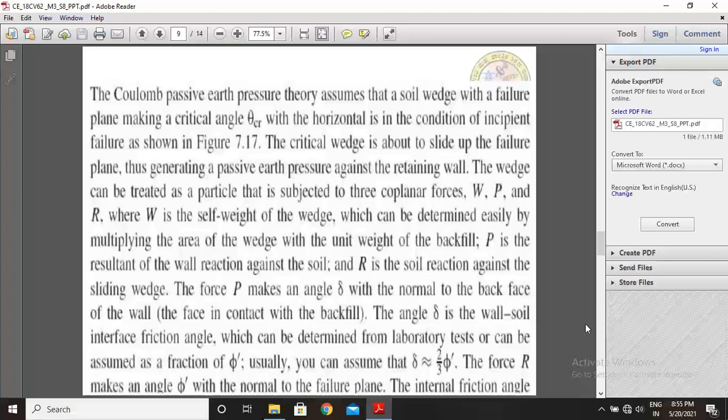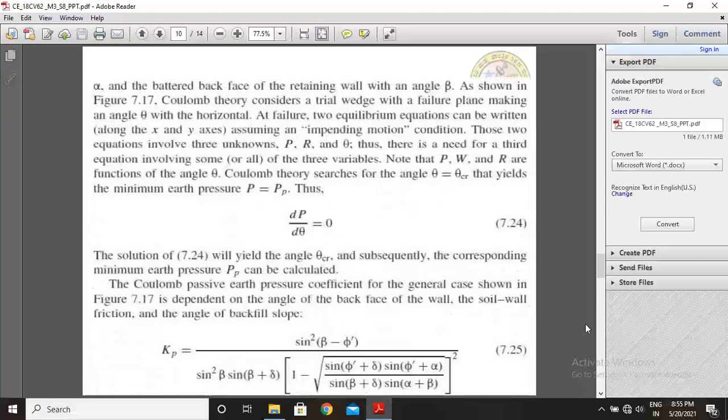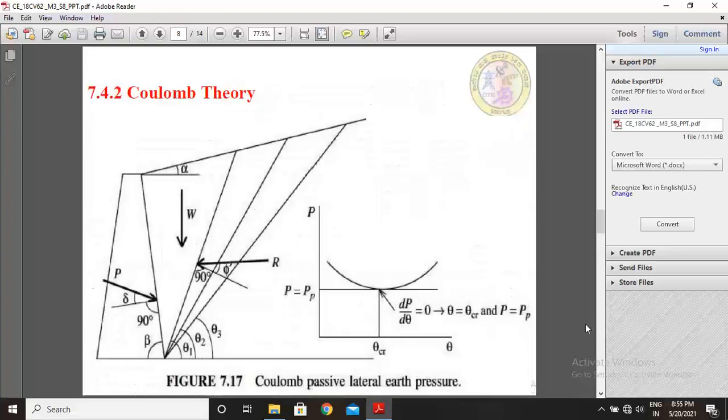The force R makes an angle phi with the normal to the failure plane. The battered back face of the retaining wall makes an angle beta. As shown in figure 7.17, Coulomb theory considers a trial wedge with a failure plane making an angle theta with the horizontal. So these are the explanations with respect to these figures.